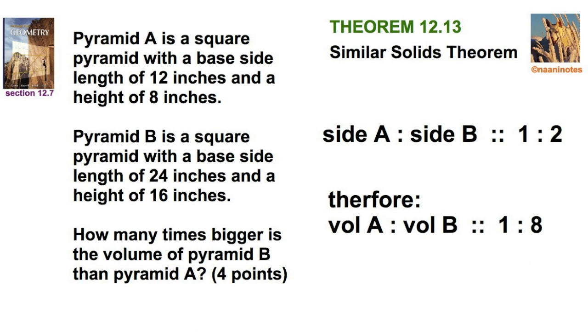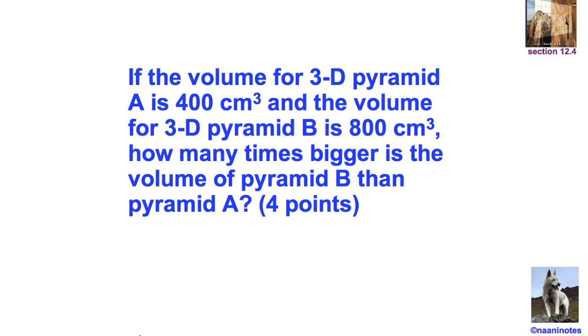Okay, last one, and I think we're going to, oh my God, I don't think we're even going to answer this one. Look at this. If the volume for a 3D pyramid is 400, well, what other kind of pyramid is there? Of course it's three-dimensional.